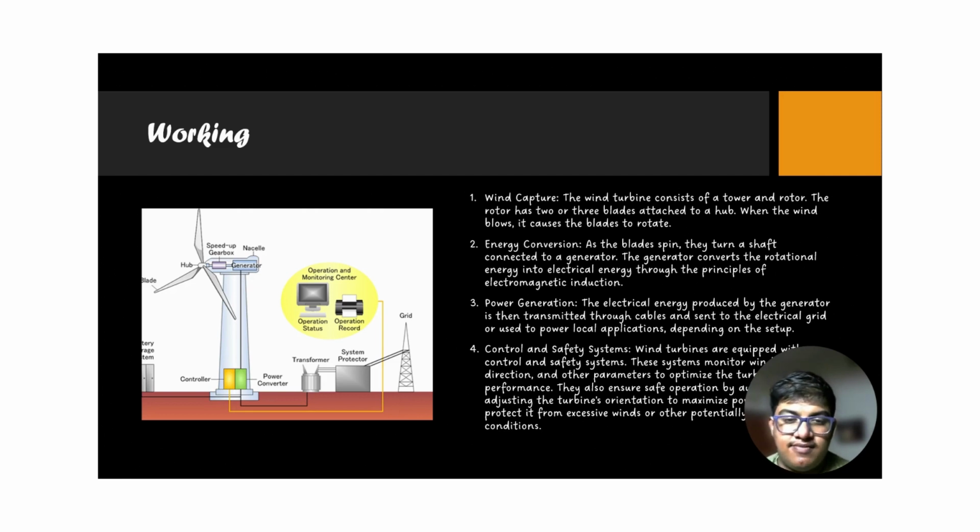This gearbox is responsible for increasing the speed of the rotation, because there is a minimum amount of speed required for the generator to produce electricity, which is taken care of by the speed up gearbox.